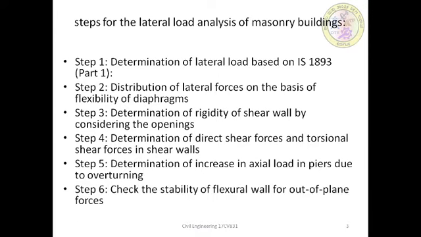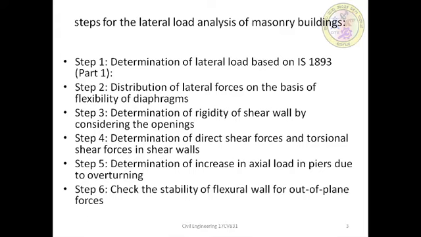The first one is determination of lateral load based on IS code 1893 part 1, step 2 is distribution of lateral forces on the basis of flexibility of the diaphragms, and step 3 is determination of rigidity of shear walls by considering the openings.